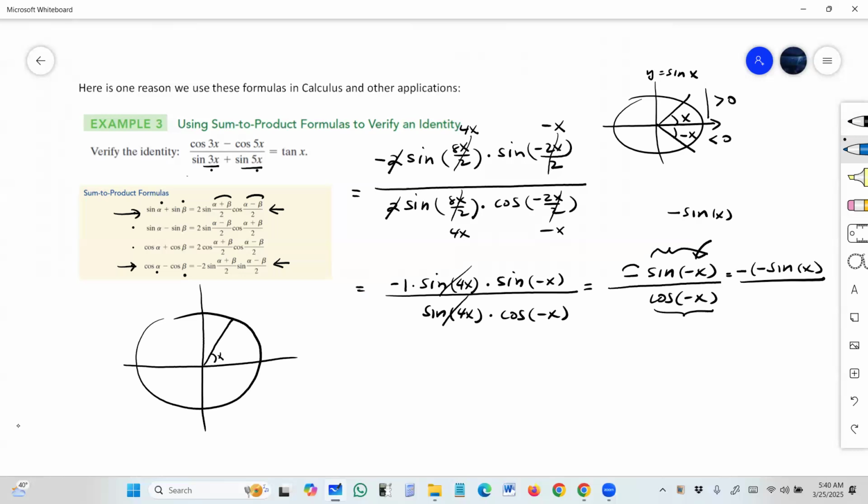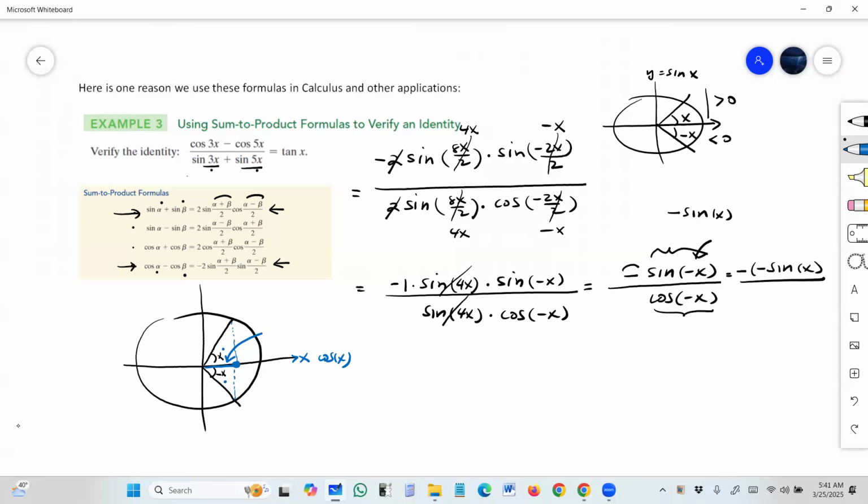The cosine of it would be this blue line right here. For a negative x, here's the angle negative x. The cosine would be the exact same segment right here because this is the x-axis, which is the cosine x. So for positive and negative angles, the cosine is the same value.